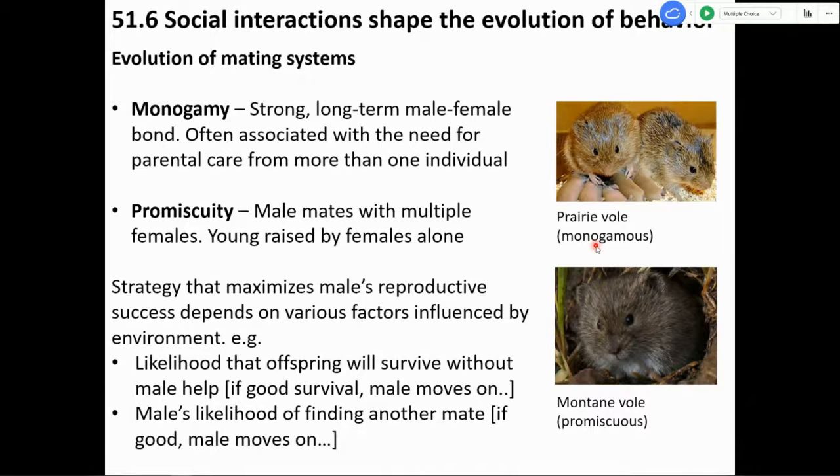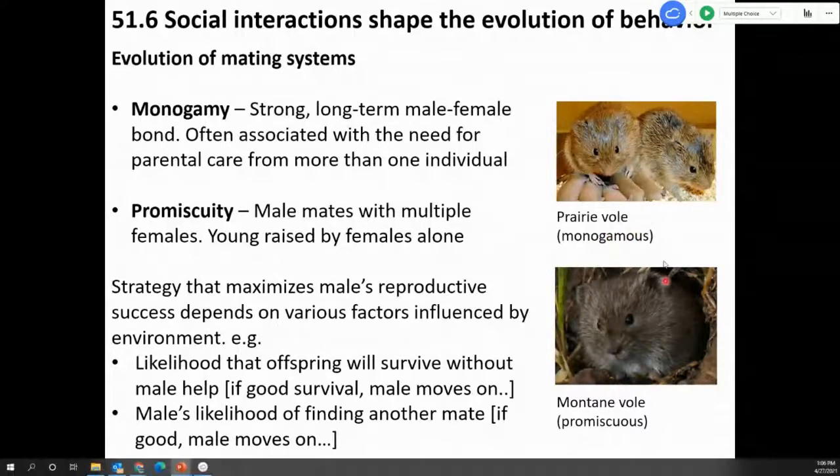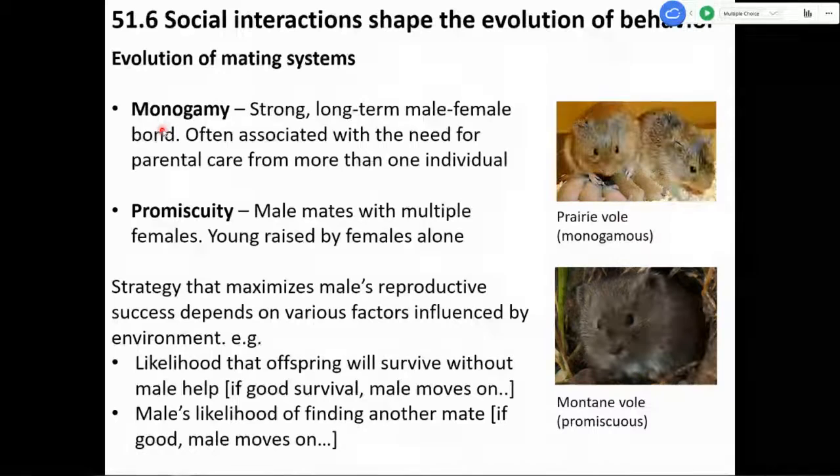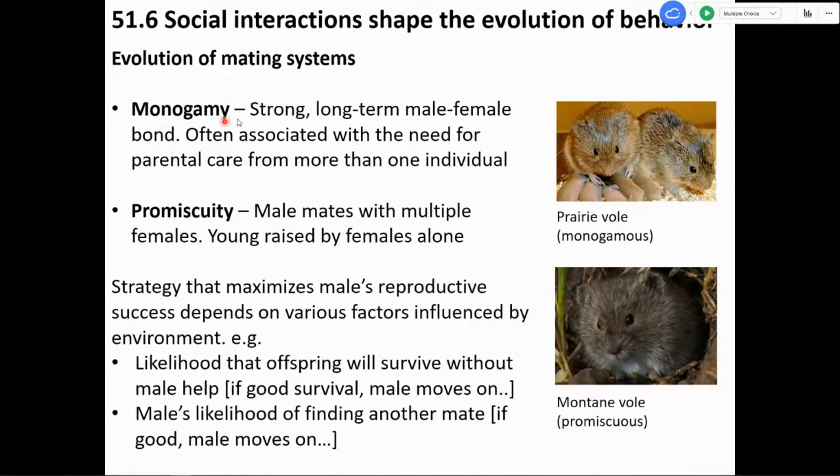So, for example, in these prairie voles, or voles in general, so these are prairie voles, these are montane voles, so both voles but different species, and they live in different types of environments. The prairie voles have monogamy, so a strong long-term male-female bond, okay?